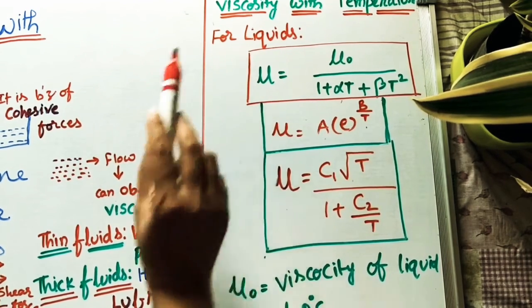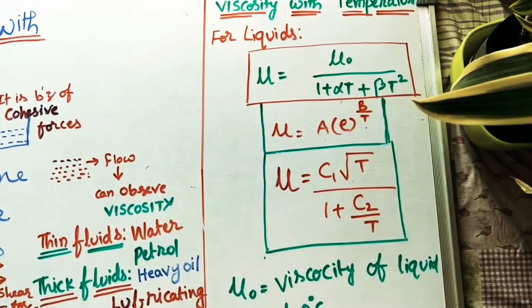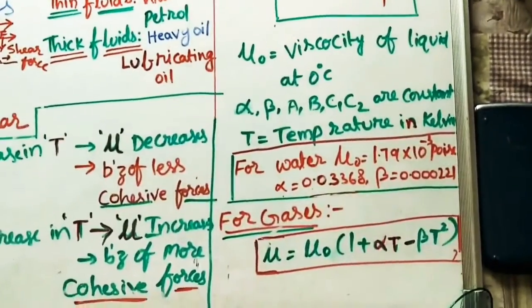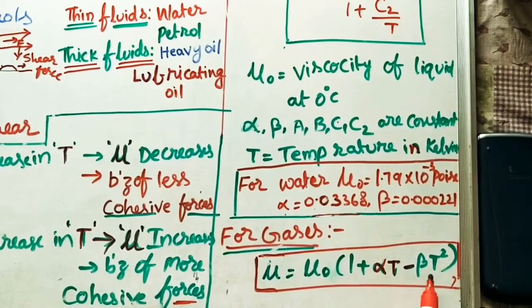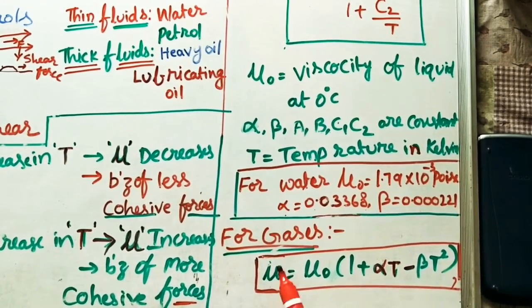For liquids, with increase in temperature, viscosity decreases according to this formula. For gases, as I just told, with increase in temperature, mu, that is viscosity, also increases. It is increasing with temperature.